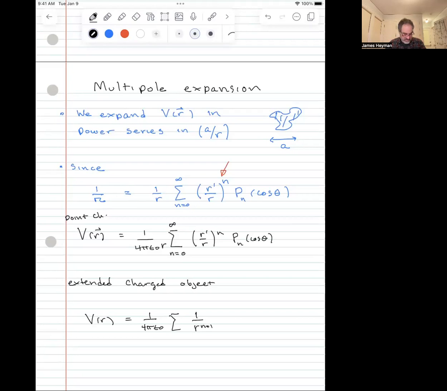One over r to the n times the integral over the charge density of r prime to the power n times the nth Legendre polynomial. It looks like I need a little more room.